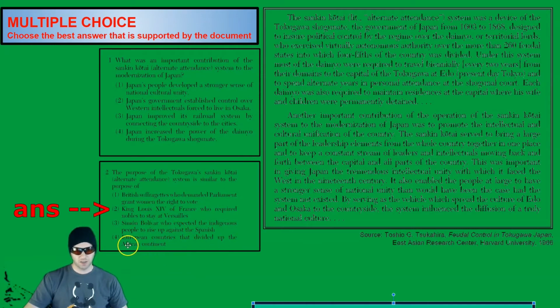Not the same. European countries that divided up the African continent. That is a true thing. These are all true things that happened, but are they similar? A European government taking over African governments is not the same as the leader, Tokugawa, actually trying to control his own people. And that's why Louis, the leader of France, trying to control his own people, is similar to Tokugawa.